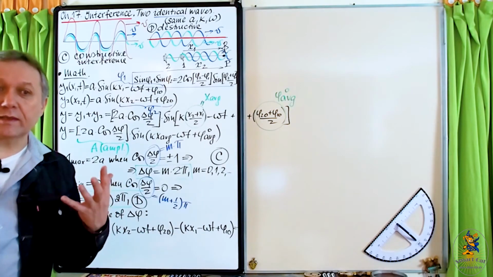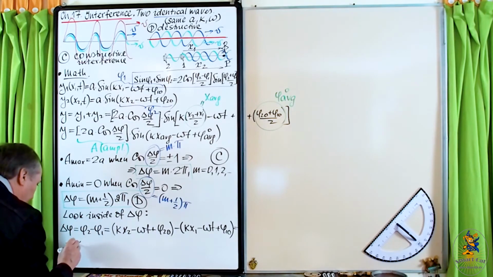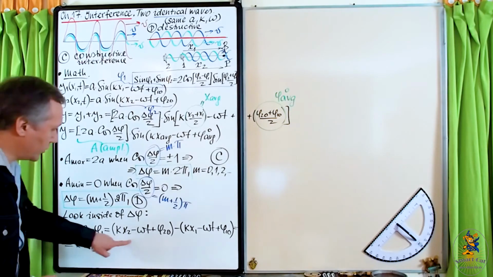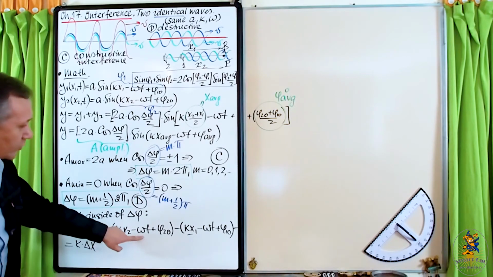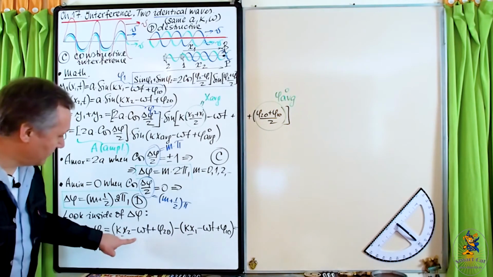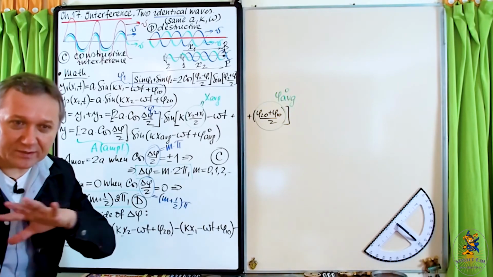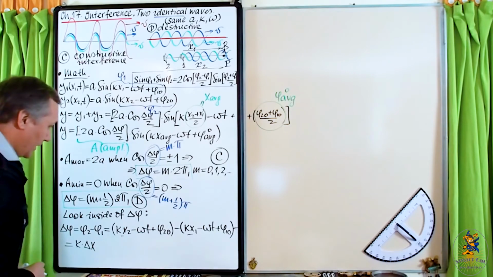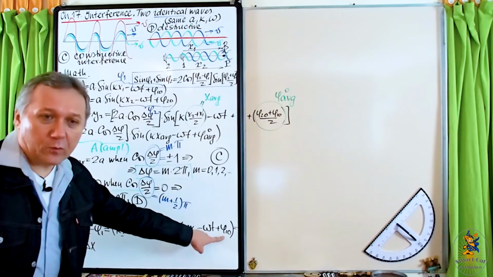Let's call it delta x, so it will be k times delta x. So it's this term and that term. Then minus omega t minus omega t: we will get minus omega t plus omega t, so omega t will disappear. Then phi 2,0 minus phi 1,0.